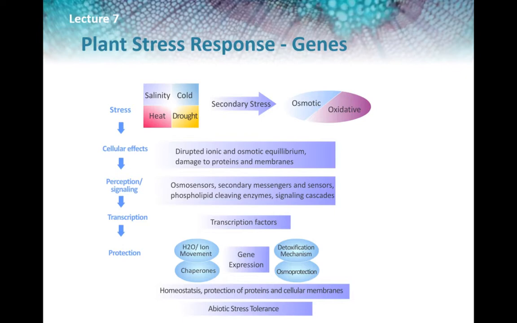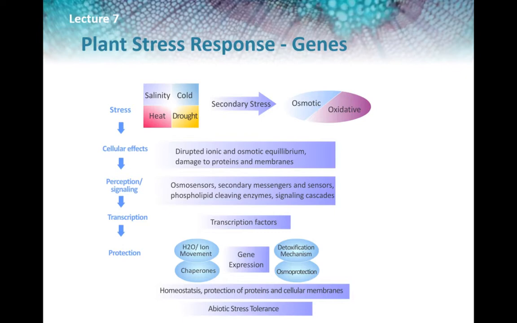These responses are a recurring theme throughout the chapter, as responses to many stresses overlap, sharing what we can call transcriptional hubs. Primary stresses such as cold, drought, heat, and cold result in secondary stresses such as altered osmotic or ionic potential.